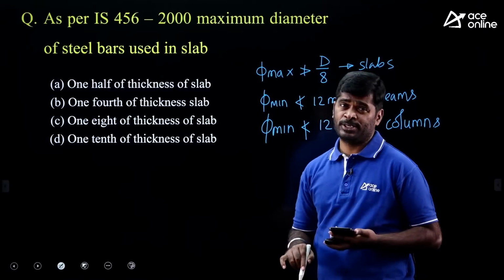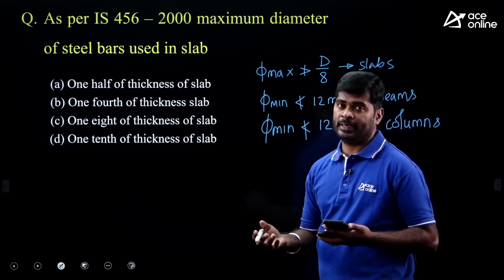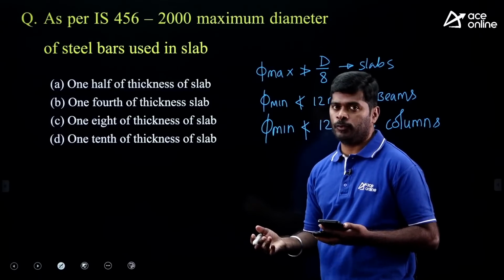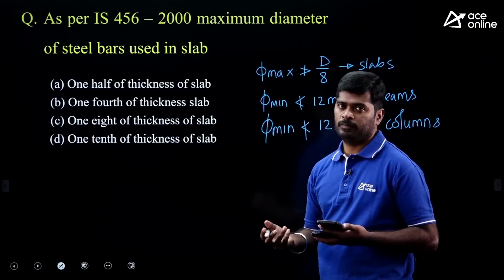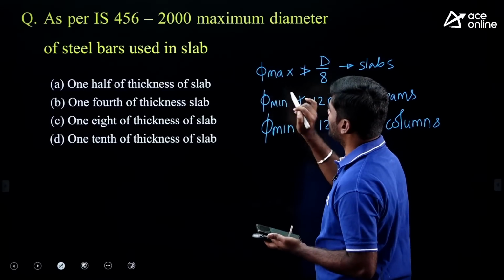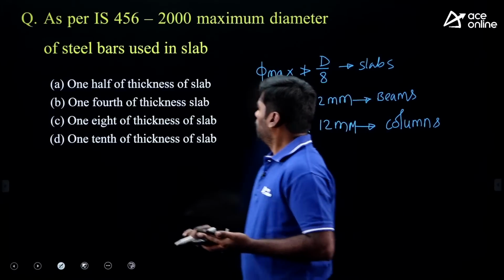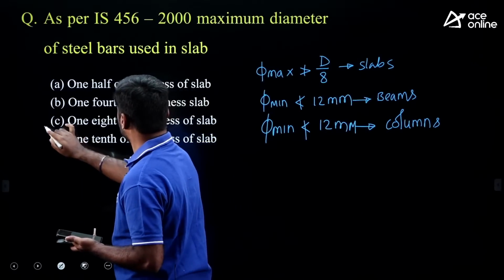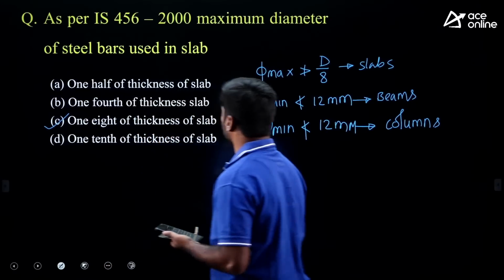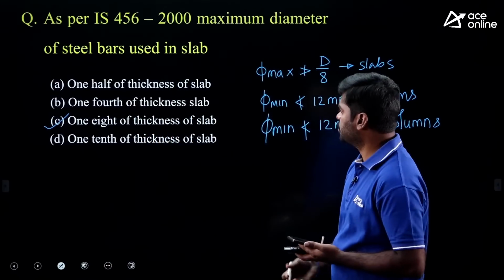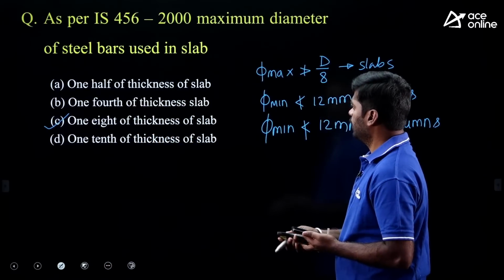For a transverse steel, what is that, lateral ties or helical reinforcement, diameter 6 mm, okay. Anyway, the question is regarding slabs, maximum diameter should not be more than 1/8 of overall thickness of the slab. Option C is correct, right.